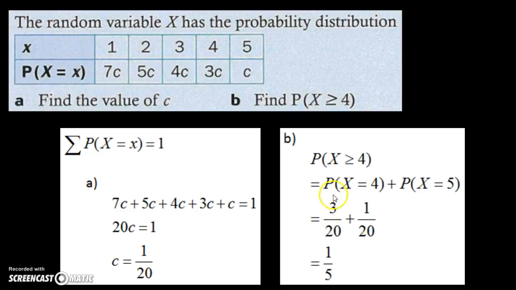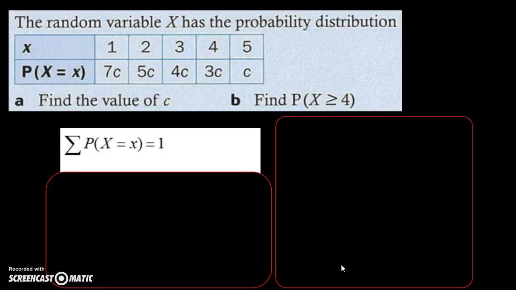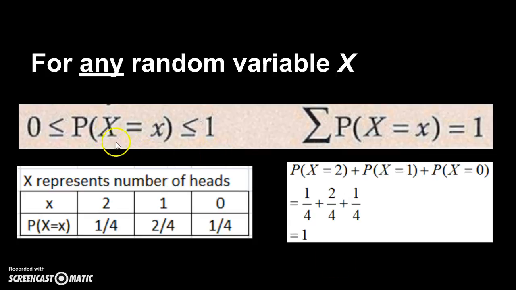That's how I get this 3 over 20. For 5, the probability for x equals 5 is just C, so that's why I have this 1 over 20. If you add that up, you get 1 over 5. And that's it. So, these two properties here, they're not new, but they are very useful. Okay, so just keep that in mind.